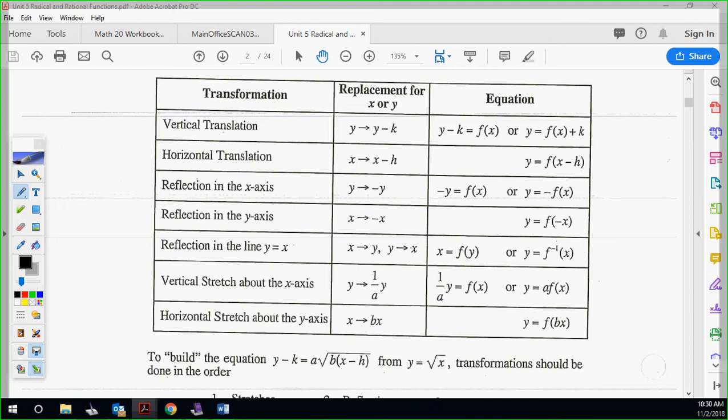That's the up and down movement. Okay, horizontal is on the inside. Okay, the x minus h on the inside, and it's opposite. Reflection on the x-axis, so that's vertical reflection. That means you're flipping y, so the function is flipped, so you have a negative in front. Reflection on the y-axis, your x has a negative on it, so f of negative x.